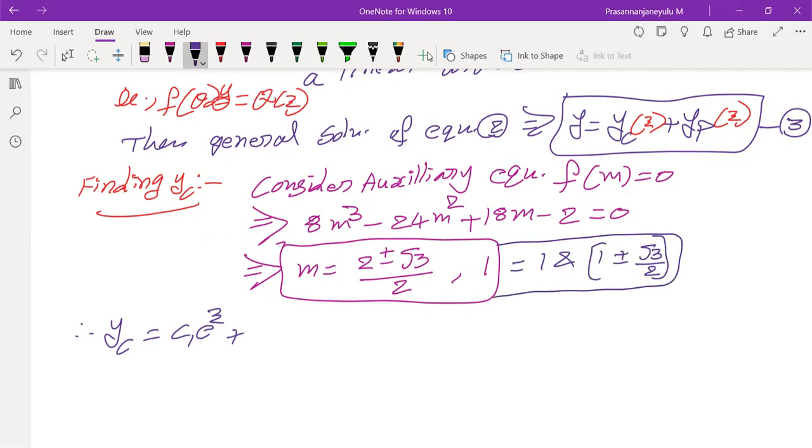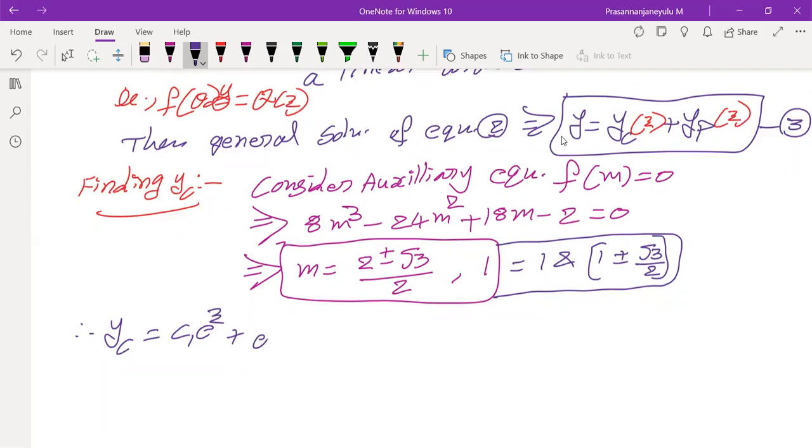Whenever the first one is the root, then c1 into e power z, and the second root is a plus or minus root b form. What is the b value? Root 3 by 2. Here the root is only for the numerator. So here we are getting surds.